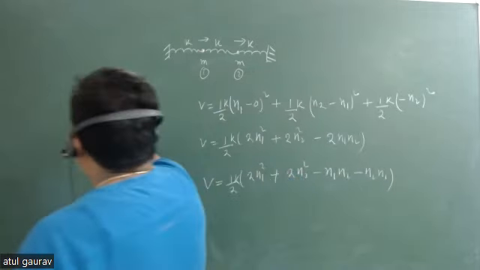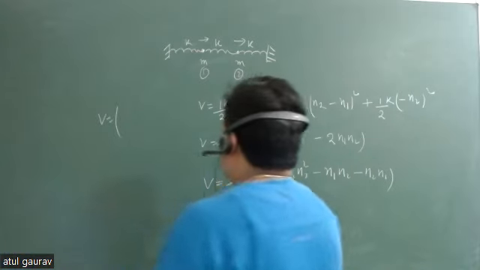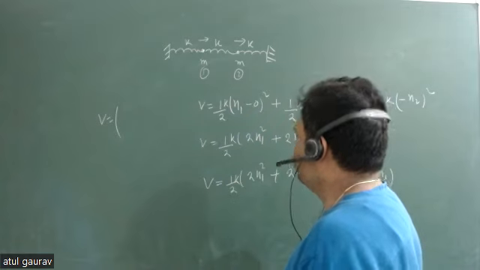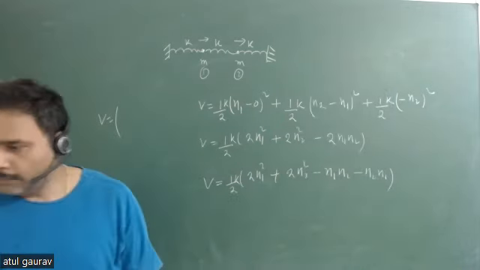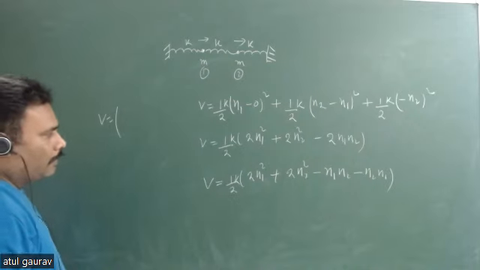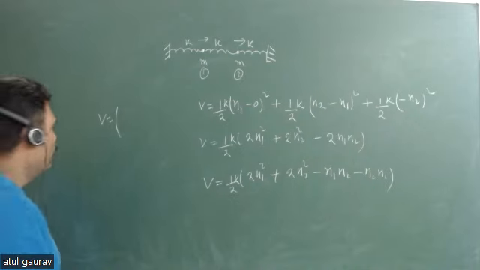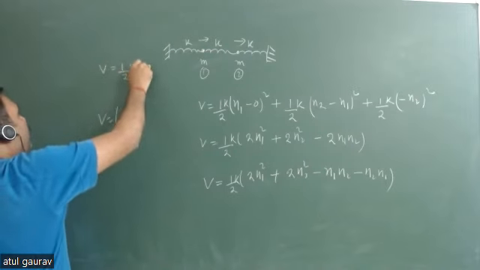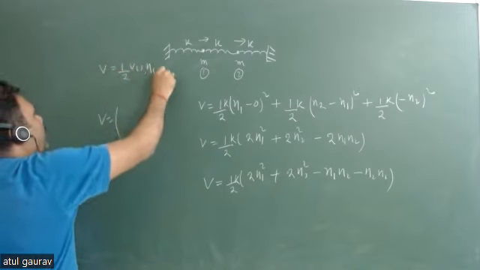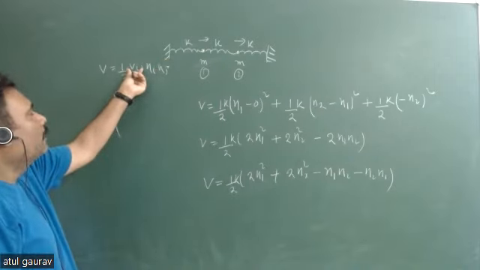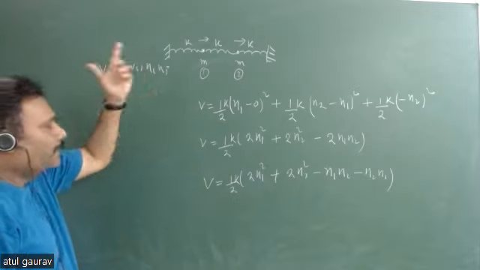What will be your V matrix? Tell me quickly. 1 1... what will it be? K, sir? Think again. 2K. V is equal to half Vij eta i eta j. What is Vij? It is the coefficient of half eta i eta j, isn't it?